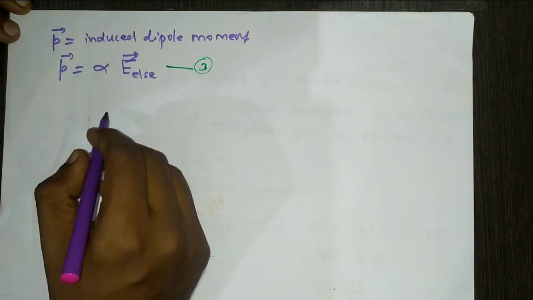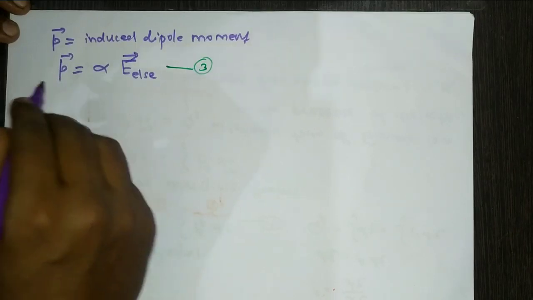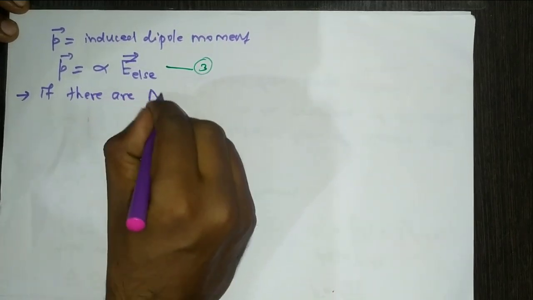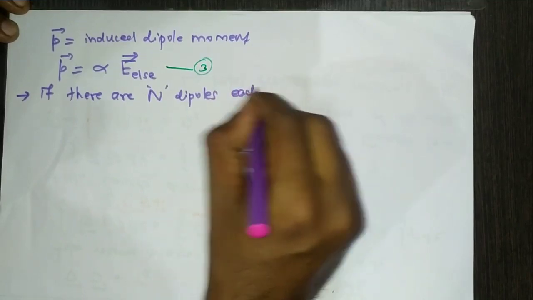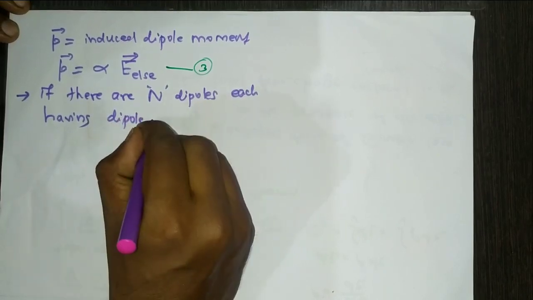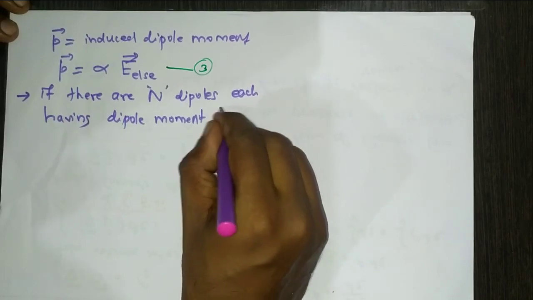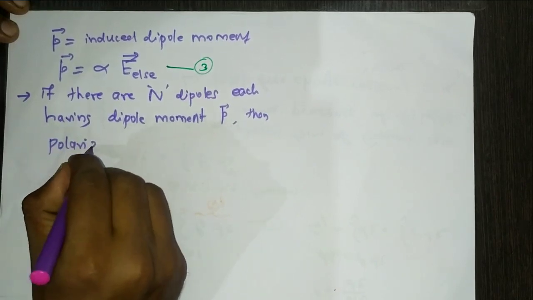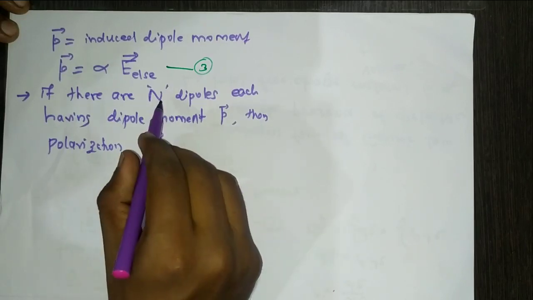Actually, if there are n dipoles each having dipole moment p, then the polarization P can be written as n times p.